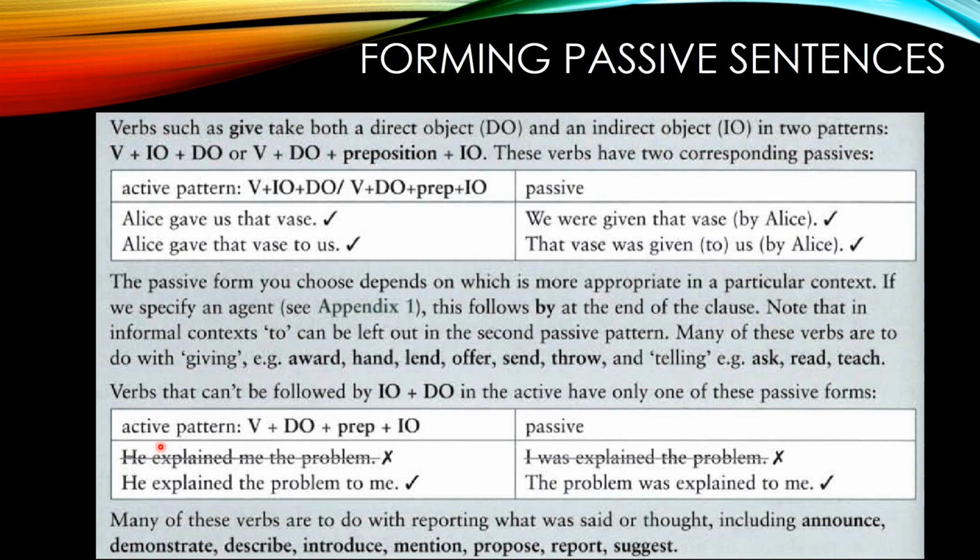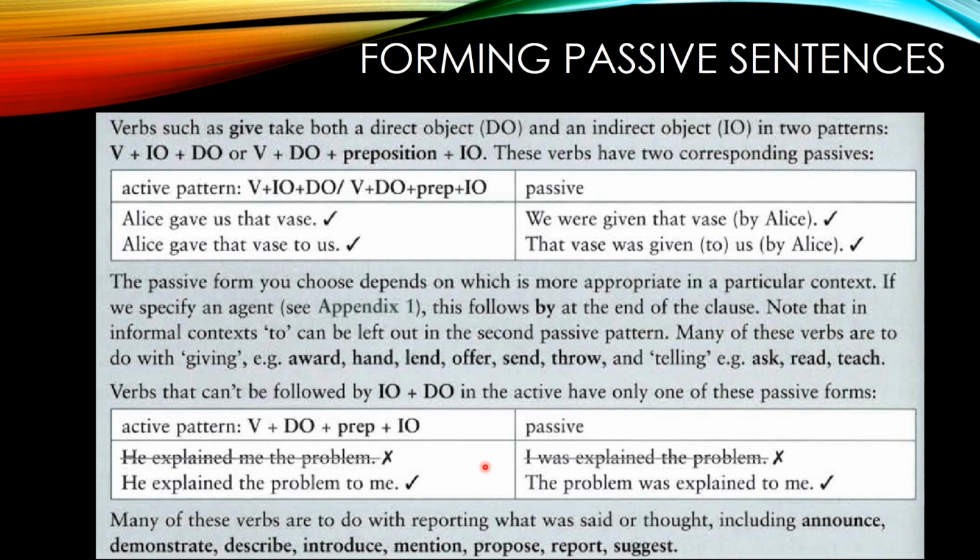So we can't say he explained me the problem, because it turns out like I was explaining him to somebody, so we can't use it, it's just illogical. So the corresponding passive is also not correct: I was explained the problem.